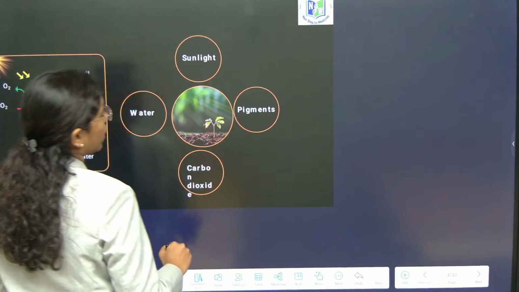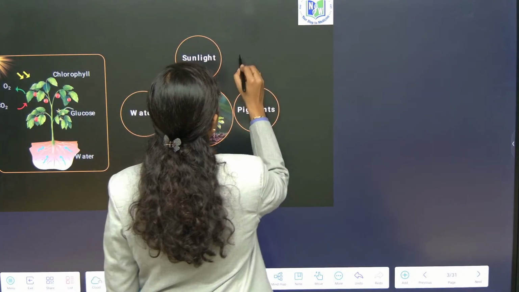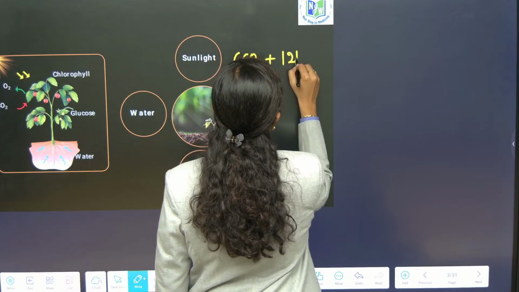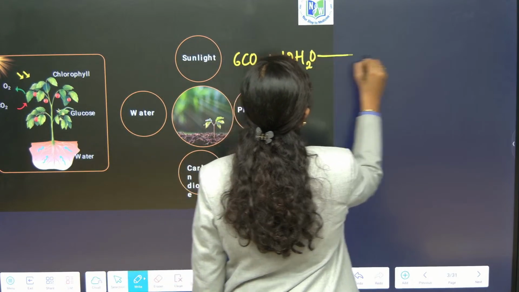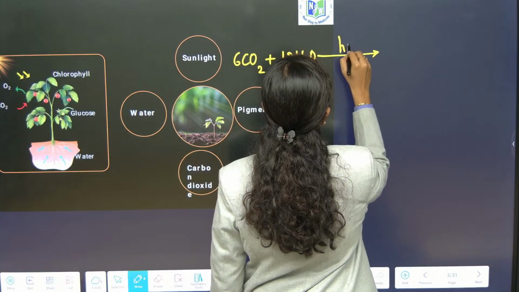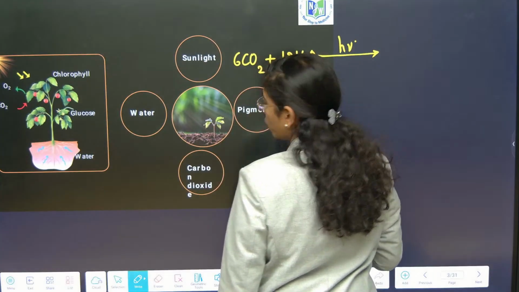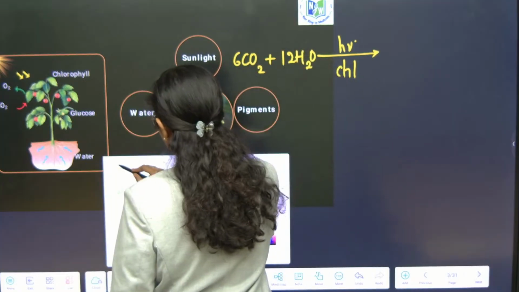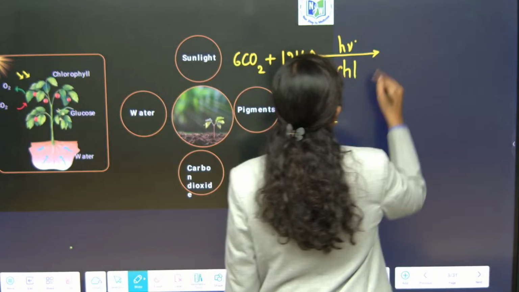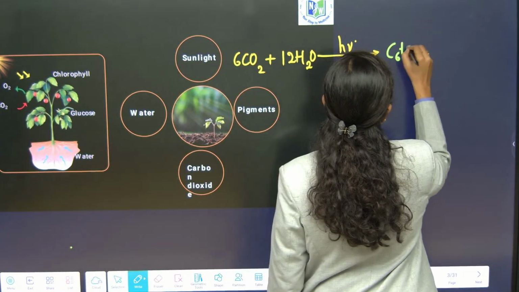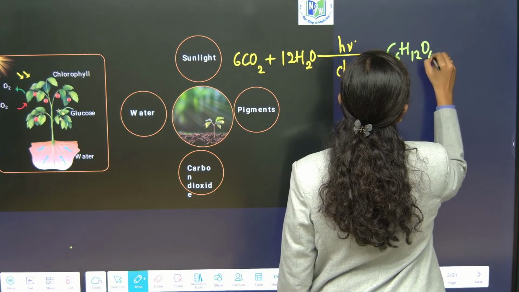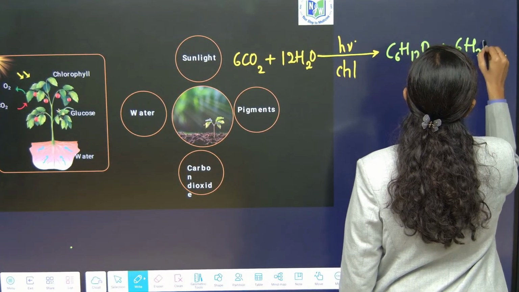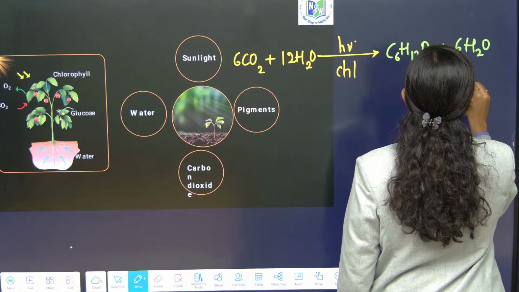It is 6CO2 plus 12H2O in the presence of sunlight, which I am taking in the form of photons, and chlorophyll. And the products formed at the end are glucose, C6H12O6 plus 6H2O plus 6O2.